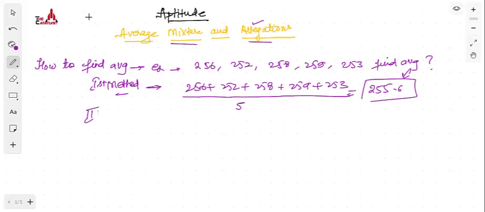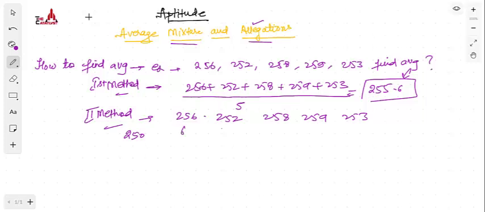Second method, which can be applied, which you can also call the surplus method: if it is written like 256, 252, 258, 259, 253, then take 250 common from all. What is left is 6 here, 2 here, 8 here, 9 here and 3 here.